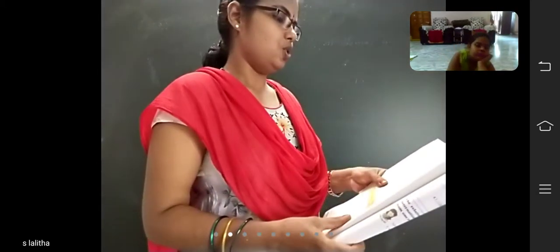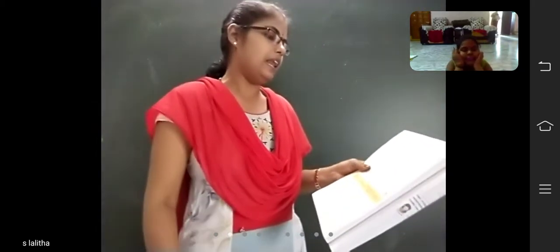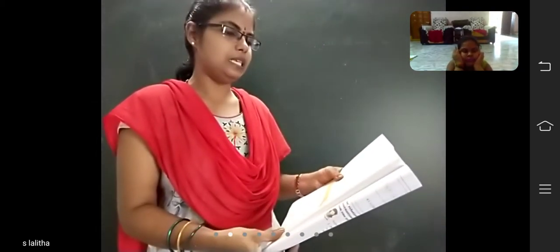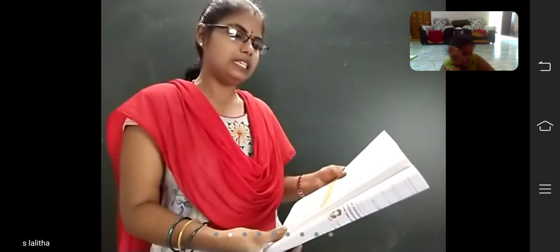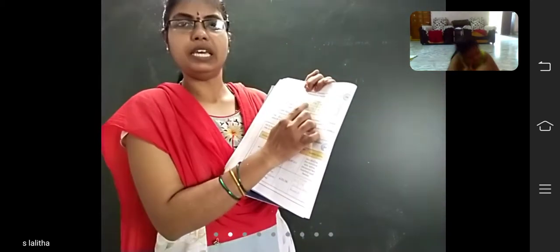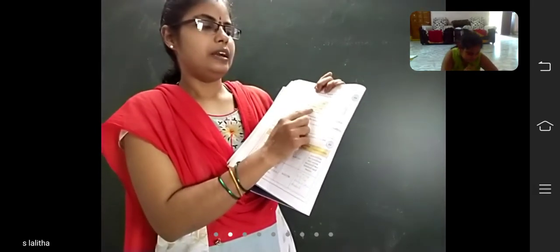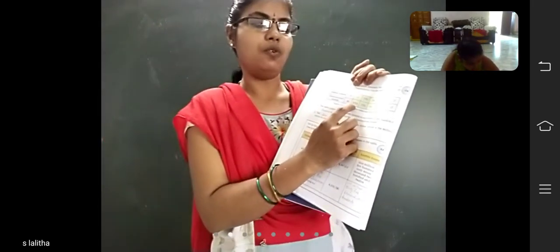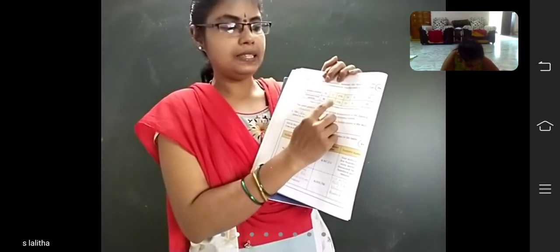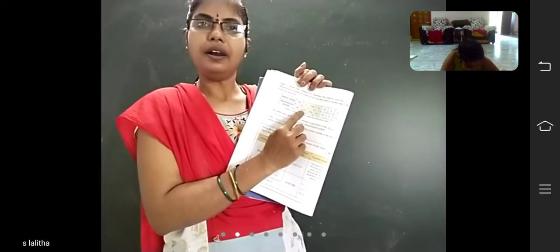The question is: the last place in the Indian system is equivalent to dash place in the international system. What is the place? Lakhs equals 100,000.